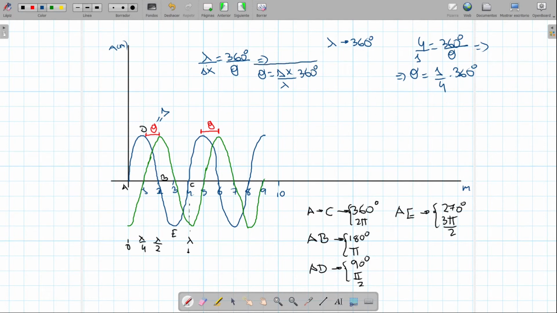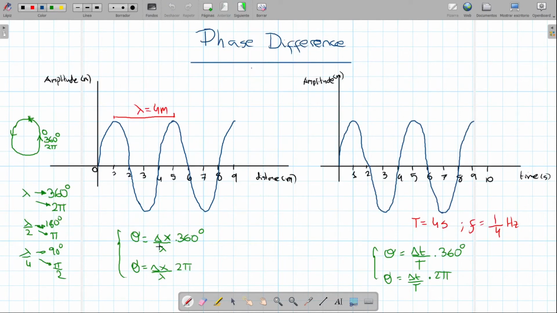It's a change of units. We're changing units from the known ratio that we know, our wavelength into 360, to the distance here between the two waves into our phase difference in degrees. Okay, so that's the formula that we had over here.